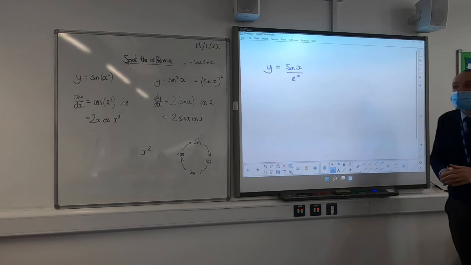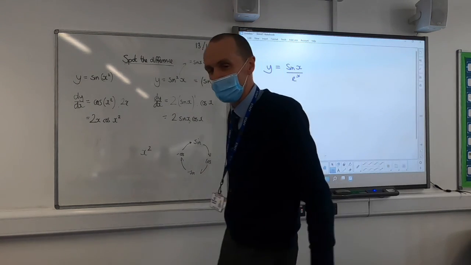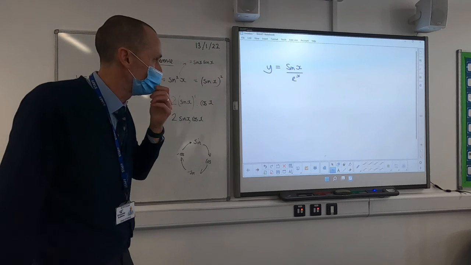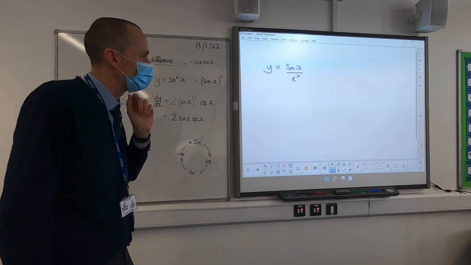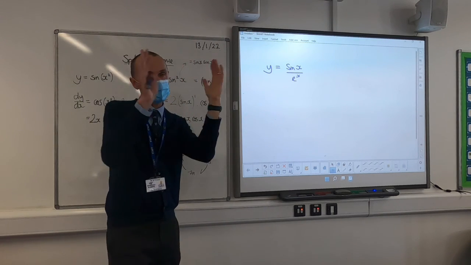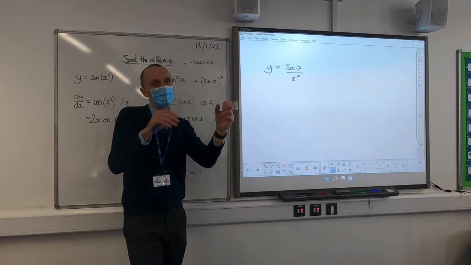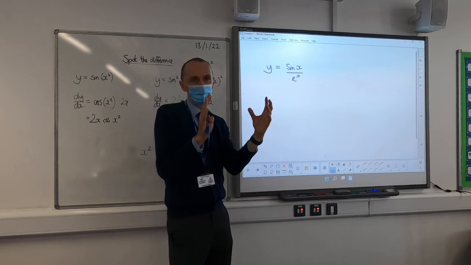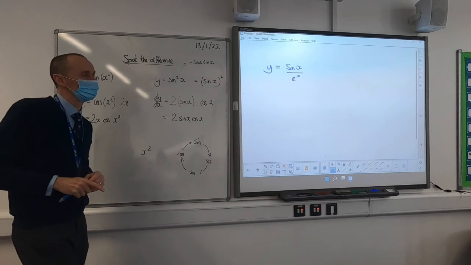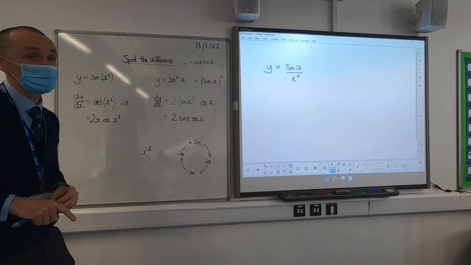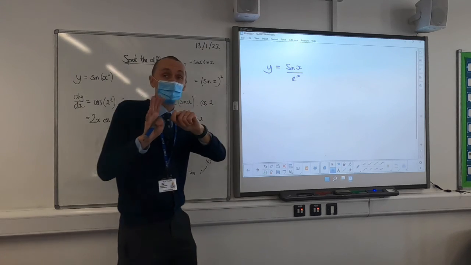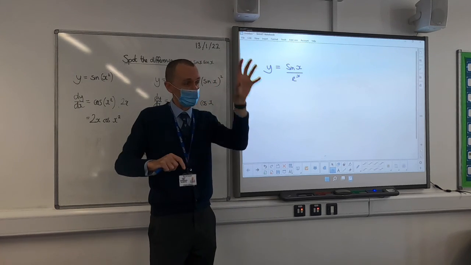And you could probably have predicted where we were going next, because we've so far looked at differentiating single things: single brackets to the power of something, single terms involving e, single terms involving log, single terms involving trig. We can differentiate those single terms being added or subtracted by just doing each of them individually.